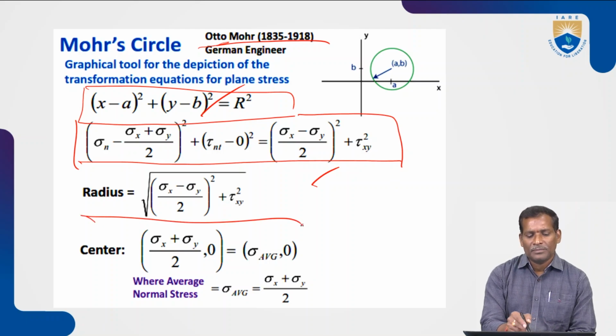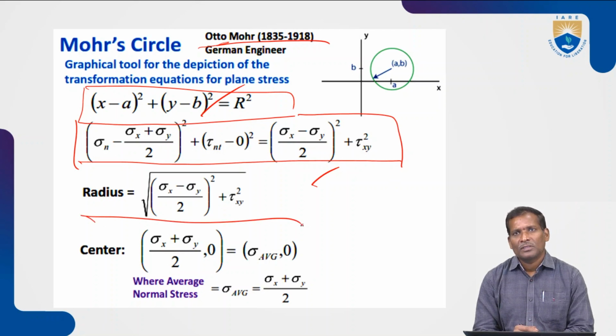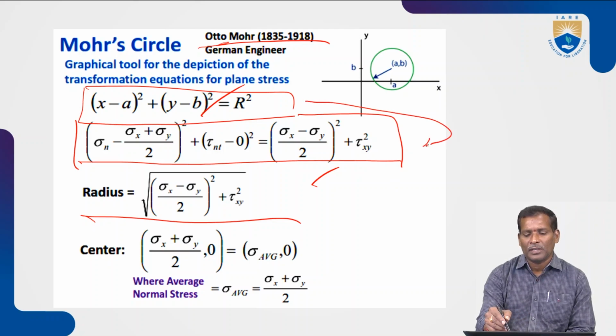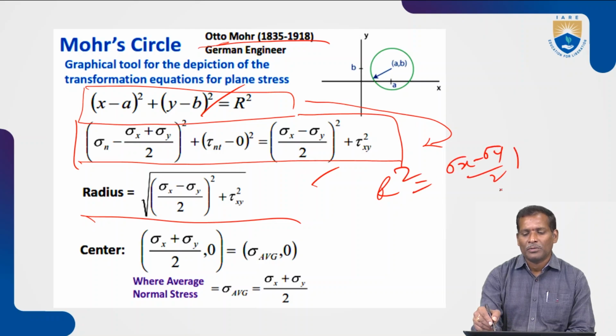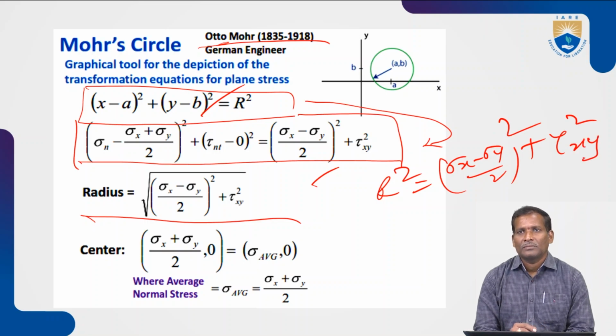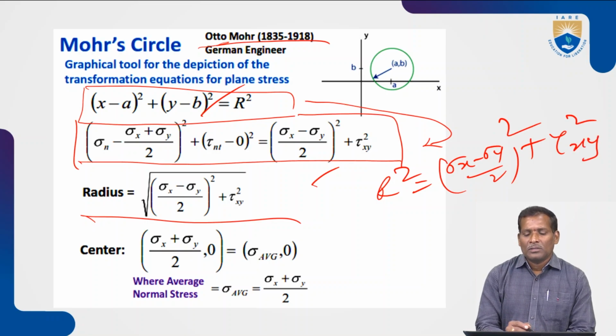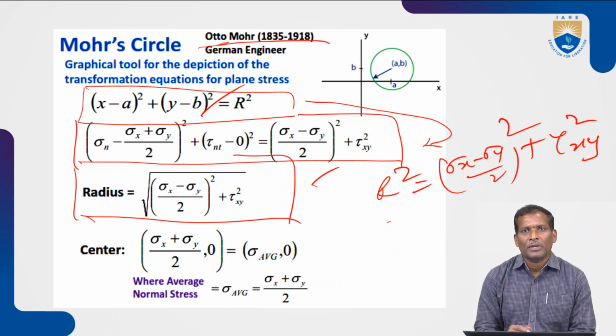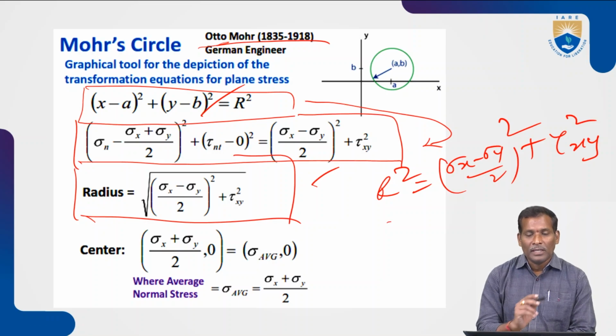So the radius, in the form of a circle, r square is equal to ((sigma x minus sigma y) by 2) whole square plus tau square xy. So the radius r is equal to the square root of ((sigma x minus sigma y) by 2) whole square plus tau square xy.